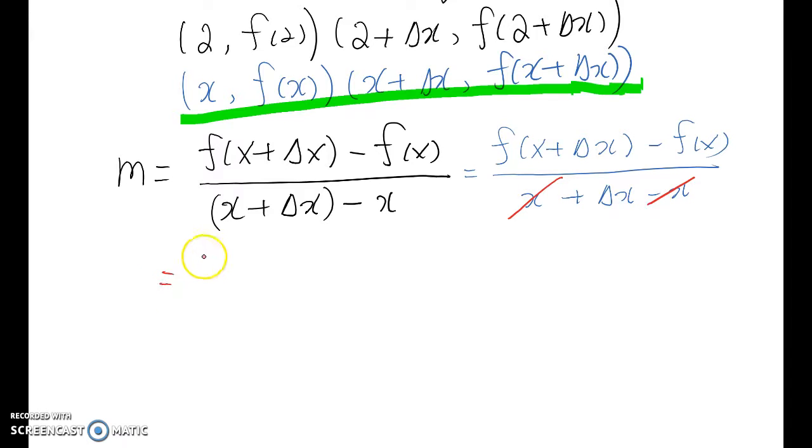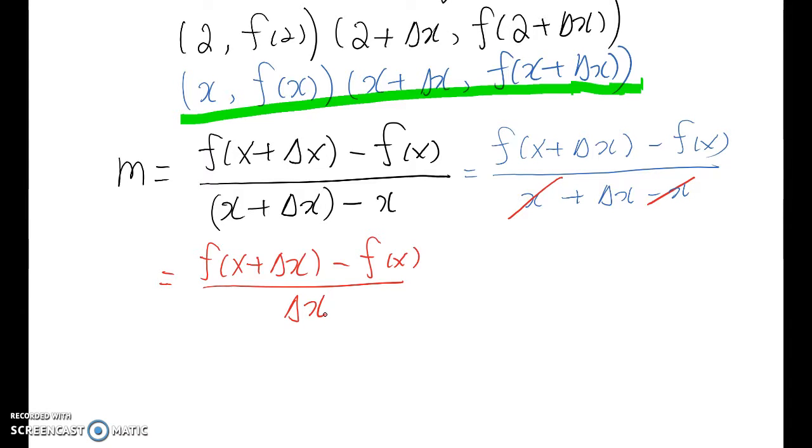Then it's going to be f(x + Δx) minus f(x) over Δx. So that will be the secant line slope using function notation with the interval between two x values here.